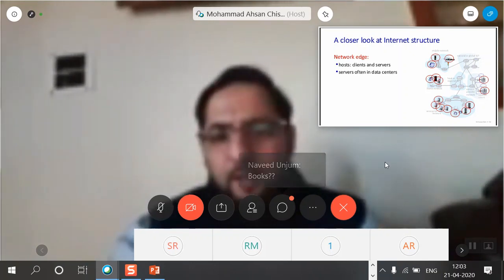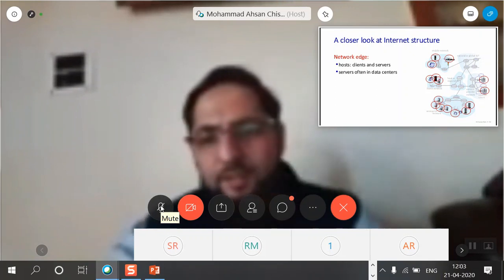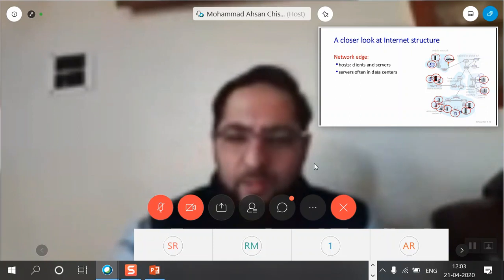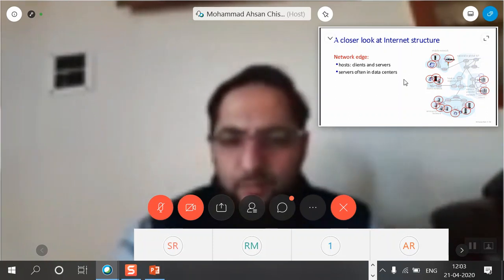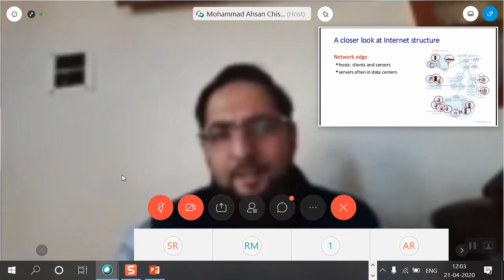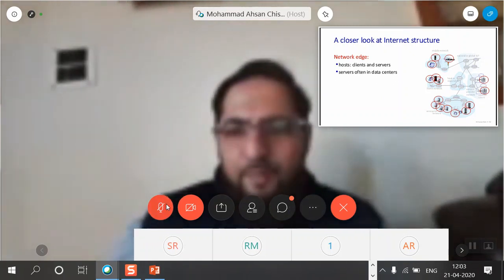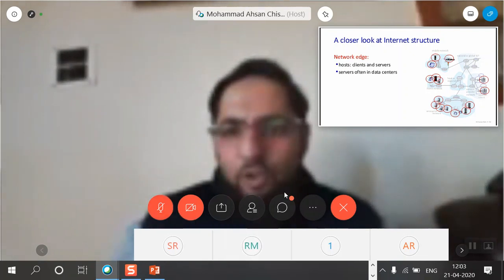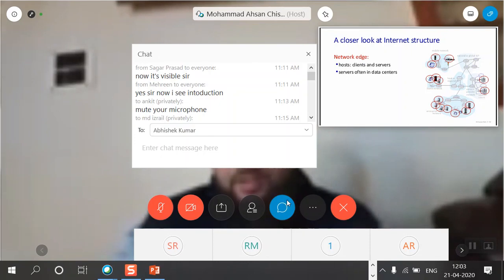Regarding the book, this slide is from Kurose. I would suggest that Tanenbaum and Kurose are two good books. You can refer to them. If you go to the first slide, it mentions on the right side the book, Computer Networking: A Top-Down Approach, 8th edition.